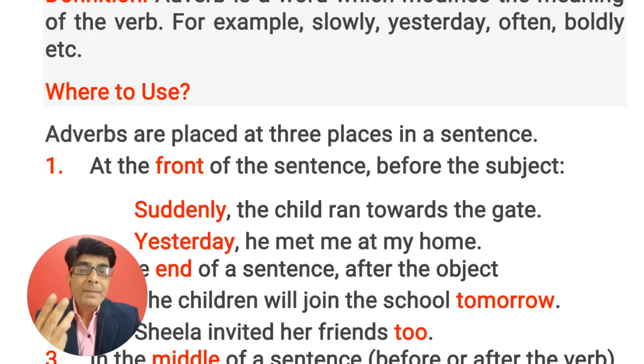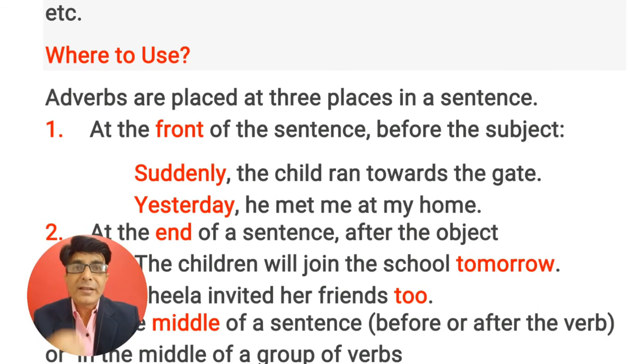Remember, adverbs are used at 3 different places in English language. Number 1, in the beginning of the sentence, before the subject. We can use adverbs at the beginning of the sentence, before the subject. Say for example, suddenly the child ran towards the gate.